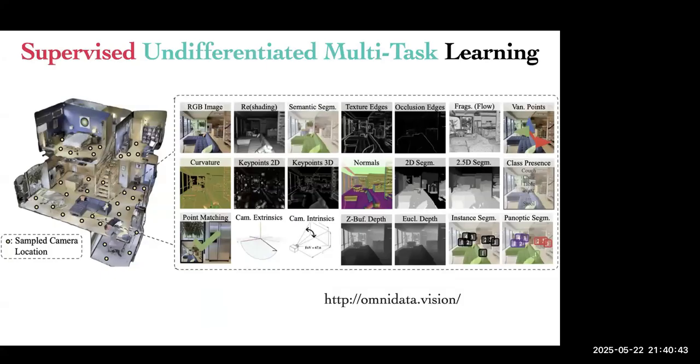Underlying all these developments is supervised, undifferentiated multitask learning, exemplified in this work by my colleague at EPFL, called Omnidata Vision. If I have a 3D model of the world, I know everything.